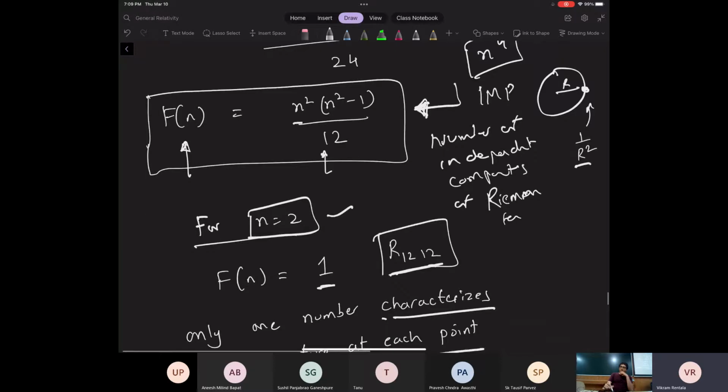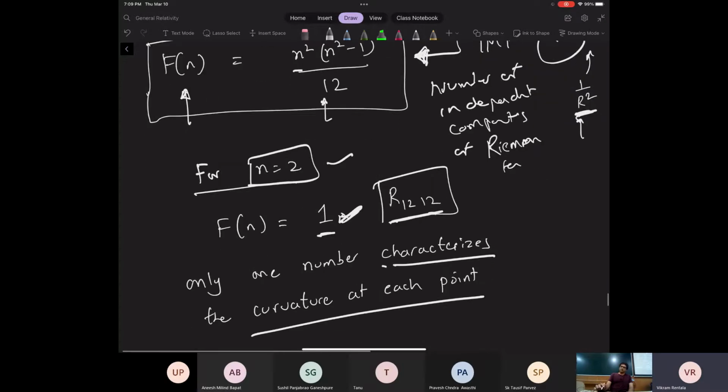For n equal to 2, it turns out that f of n is 1. So even this intrinsic notion of curvature will actually agree with that extrinsic notion of curvature. Here I've only shown that the number of numbers you need to specify the curvature is the same, but indeed we will show that it can be related to that extrinsic curvature 1 by r squared.